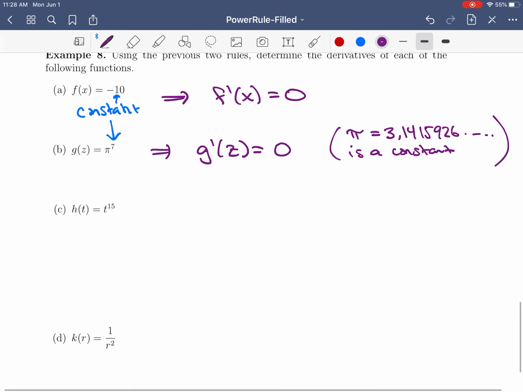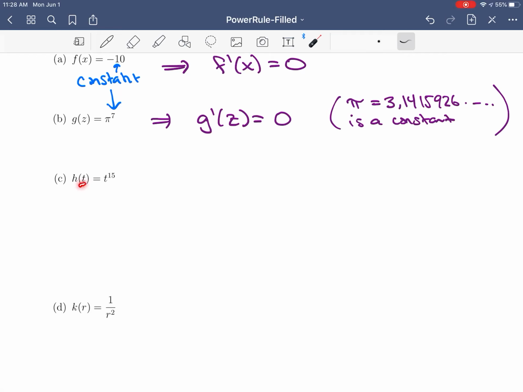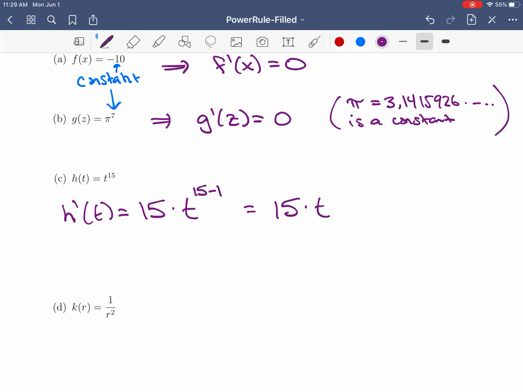Now in part C, our variable is t, and we have t's in our equation, but it's a power of t. So that means that we can use the power rule to say that the derivative is 15t to the 15 minus 1. So that's going to be 15t to the 14. That's our derivative for all t.